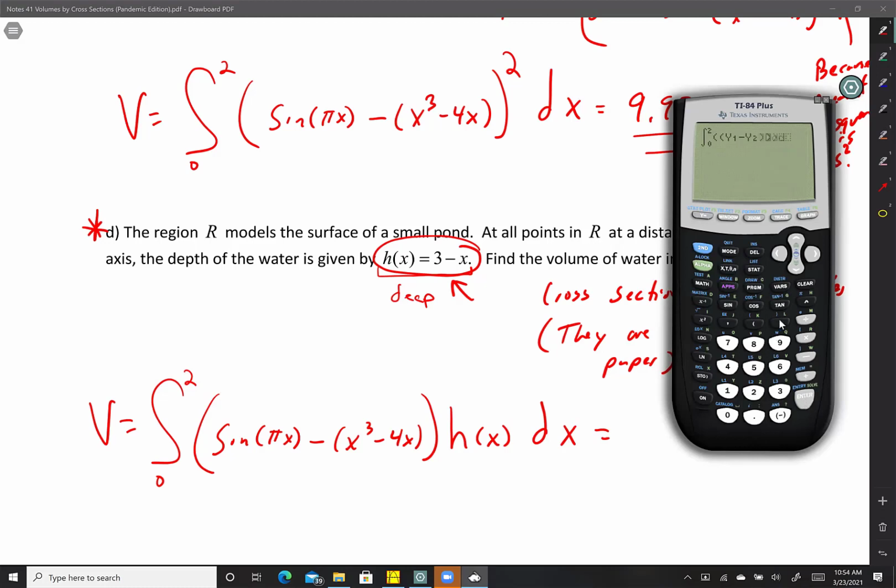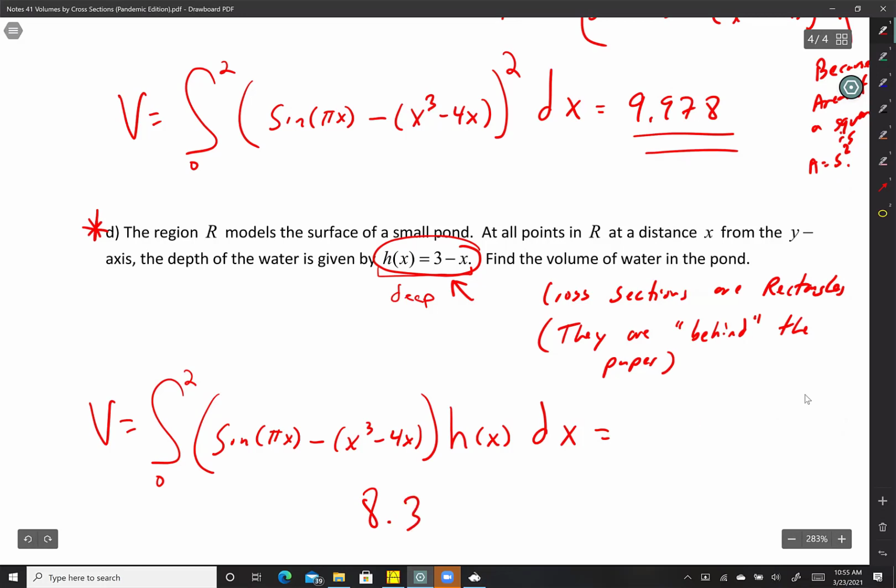I'm going to close the parenthesis, and I'm going to multiply that. So I'm going to open another parenthesis, and I'm going to multiply that by h of x, 3 minus x. Close. And then put just x in there. And there it is. 8.3699. I would write it truncated. 8.36995.